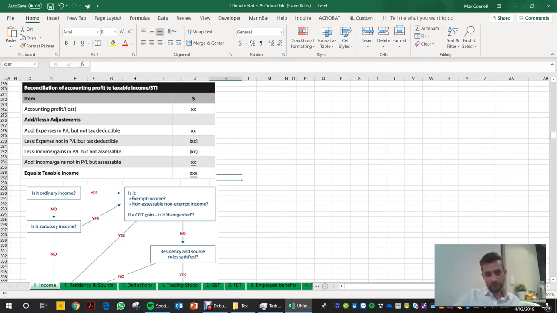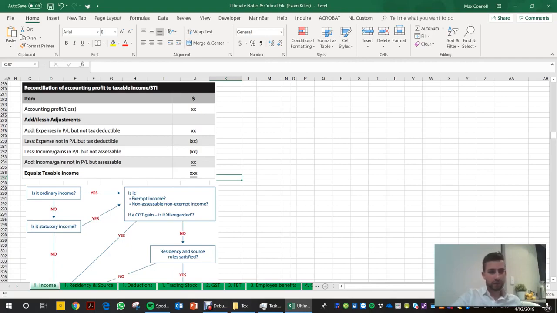Basically this is what we'll be doing in the tax rec. We'll start off with our accounting profit, and for example we might add back accounting depreciation, because accounting depreciation is sometimes different to tax depreciation. It might be faster for one or the other. So we're going to add back our accounting depreciation, removing that expense, and then we're going to reduce it by the actual tax expense itself, depending on what the tax depreciation is set by the ATO.